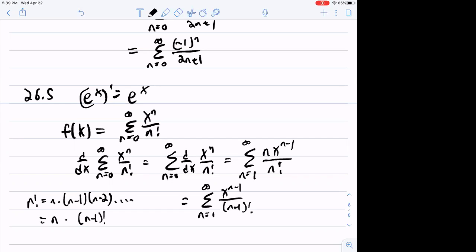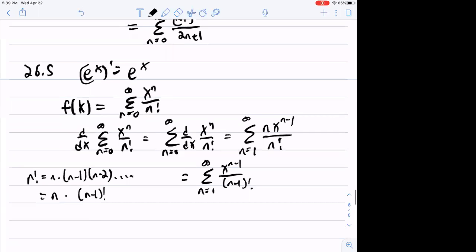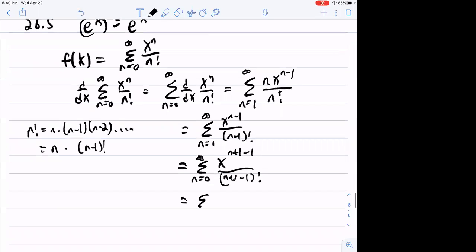Now I can re-index. I can always re-index the series to start at 0. To do that, I subtracted 1 from n, so I need to add 1 back. I replace n with n plus 1, and you'll see you get the same series.